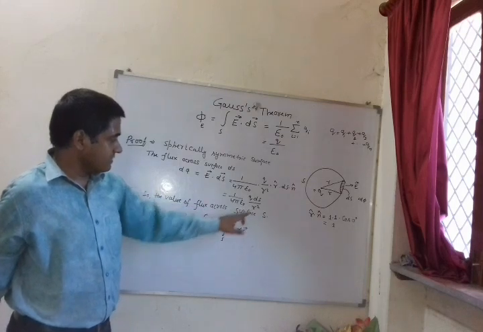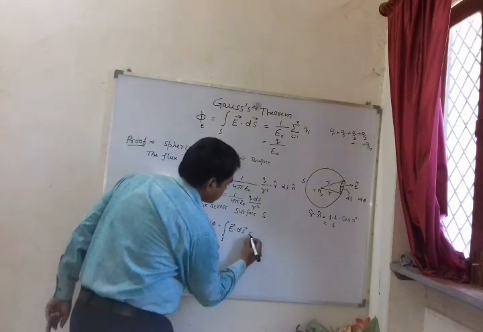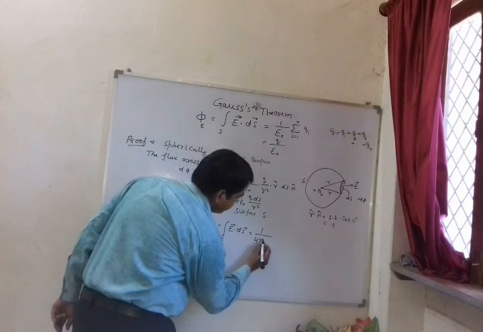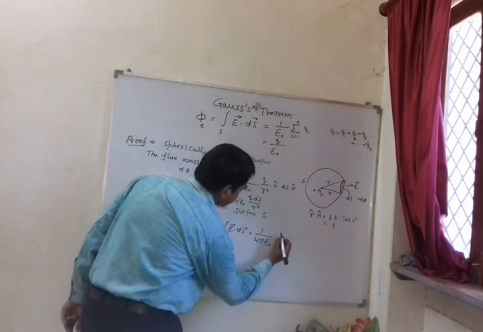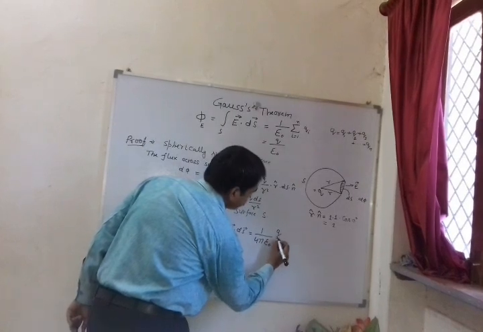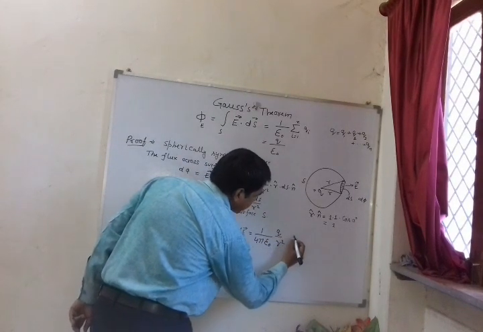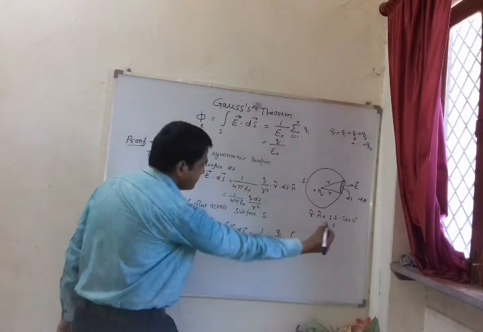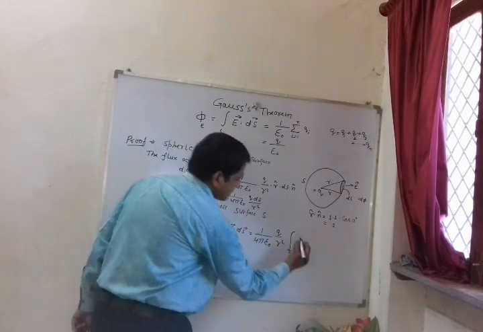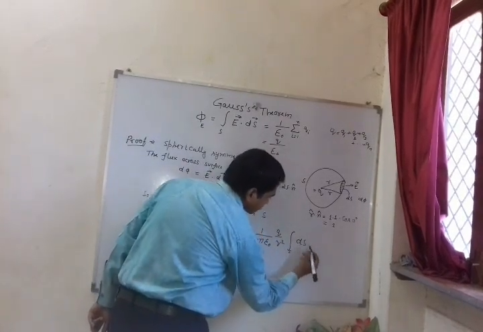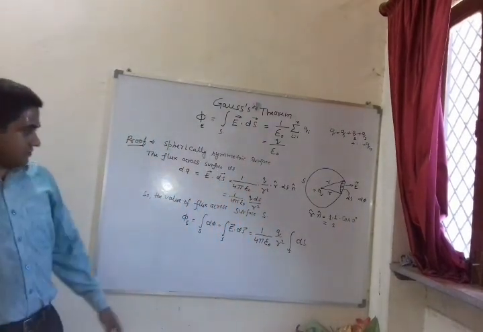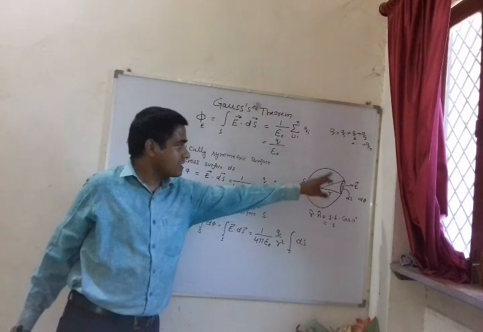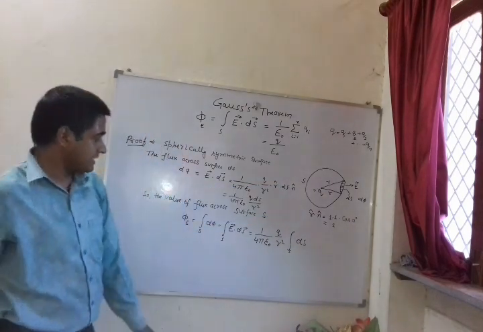Keep it out of the integral. ये टर्म कांस्टेंट है, उसको हम इंटीग्रल से बाहर रख रहे हैं. यहाँ बचा सरफेस इंटीग्रेशन ऑफ ds. So the surface integration of ds will be the surface area, the total surface area.